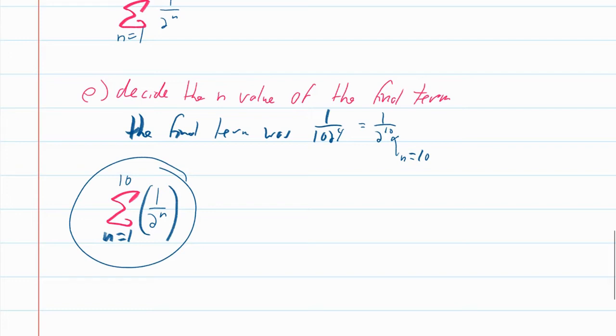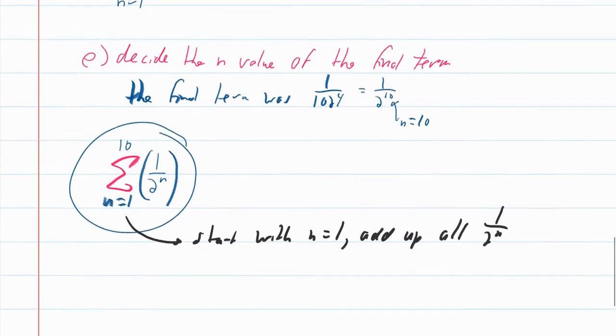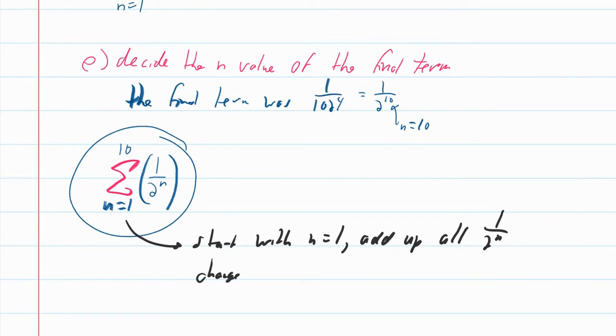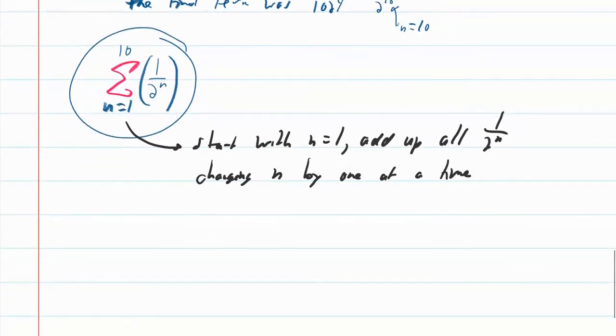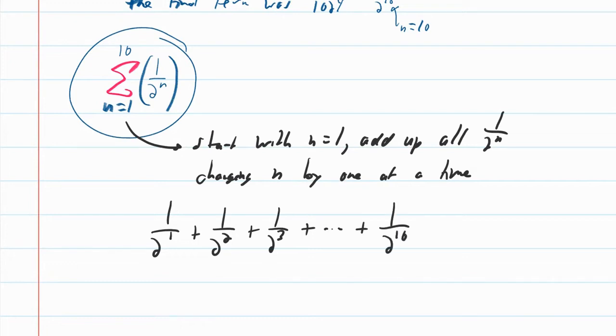And this is saying, start with n equals 1 and add up all 1 over 2 to the n's, changing n by 1 at a time, which means that this is 1 over 2 to the 1 plus 1 over 2 to the second plus 1 over 2 to the third, all the way up until the top, which is 1 over 2 to the 10th. So you start with an n equals 1 and you end with an n equals 10.